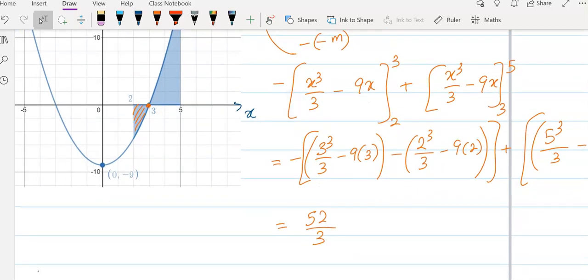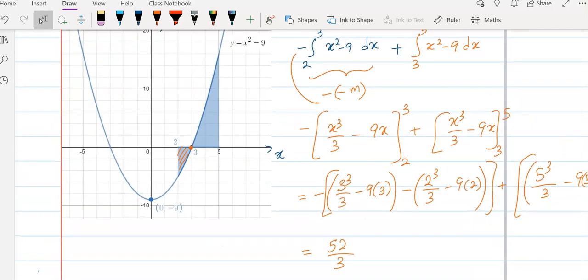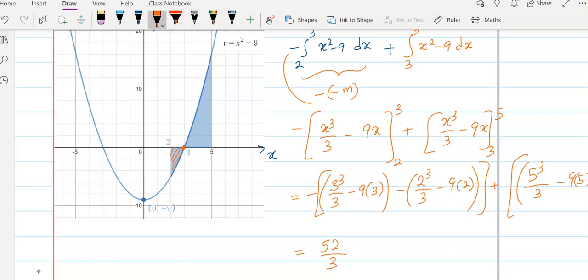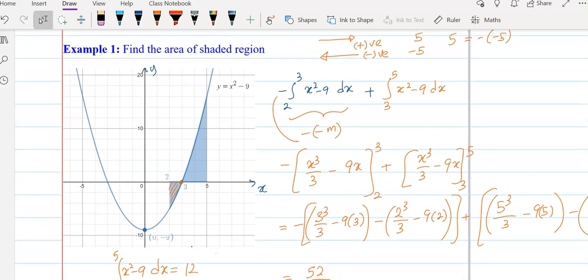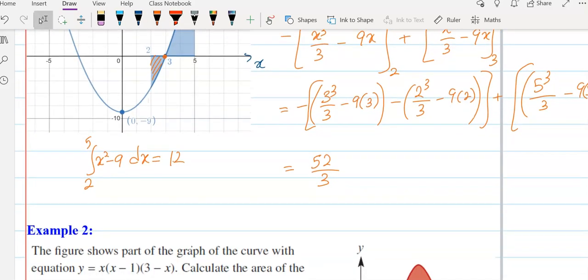For example, if I were to find the signed area, which means counting negative and positive, I simply write the integral from 2 to 5 of x squared minus 9 dx, and then I'll end up with the answer, which is 12, which is a little lower than 52 on 3. And you can clearly see the negative area has been taken into account. So that's it from me.